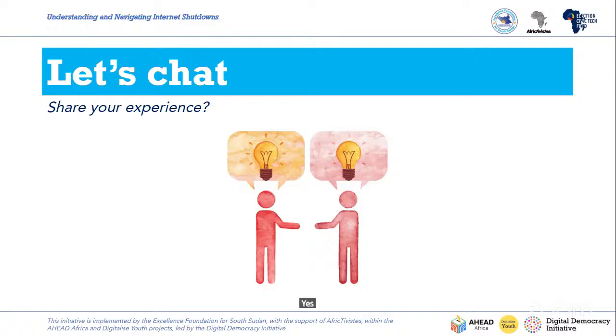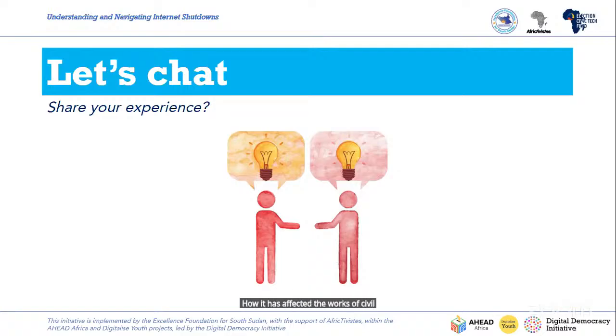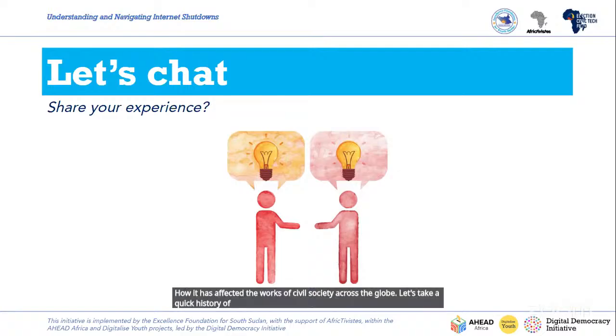Yes, Deneki. Thanks a lot, guys. Experiencing the internet going down has had side effects on the work of civil society across the globe. Let's take a quick look at what is happening in some African countries, where it also delayed our work, especially for us who rely heavily on telecom internet.